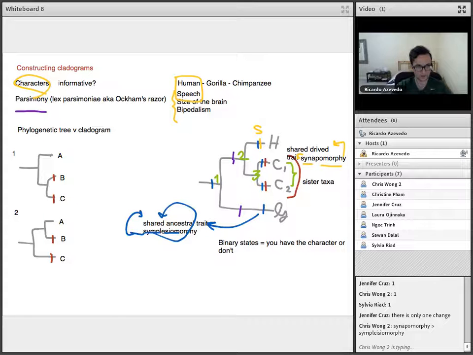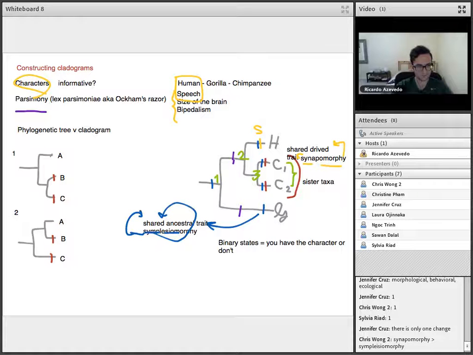So let's say B and C share a character, while A has a different state of that character. In this case, this one. B and C, so in both of them, B and C have this shared character.